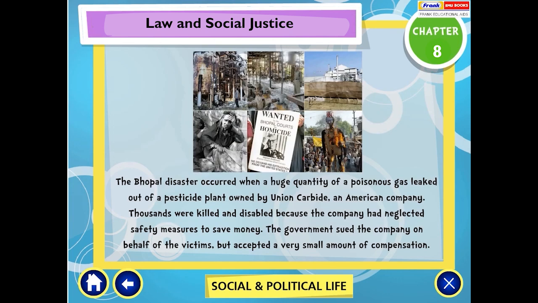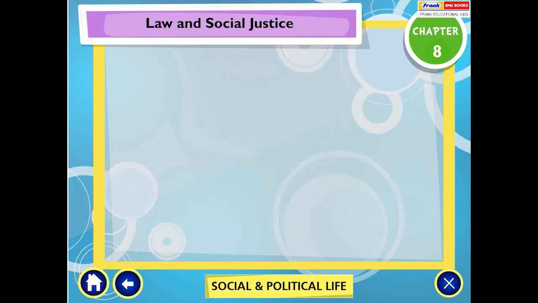The Bhopal disaster occurred when a huge quantity of poisonous gas leaked out of a pesticide plant owned by Union Carbide, an American company. Thousands were killed and disabled because the company had neglected safety measures to save money. The government sued the company on behalf of the victims but accepted a very small amount of compensation.